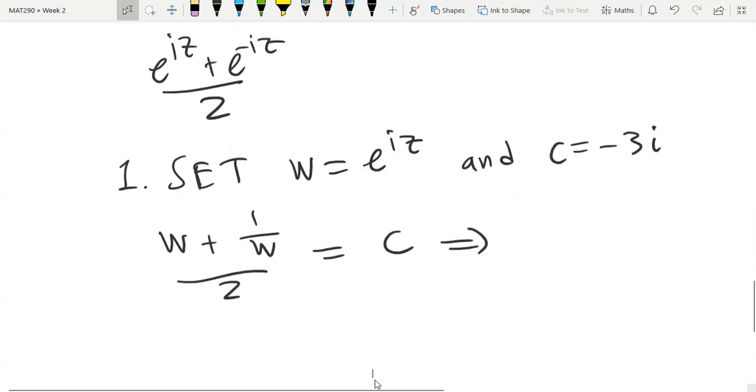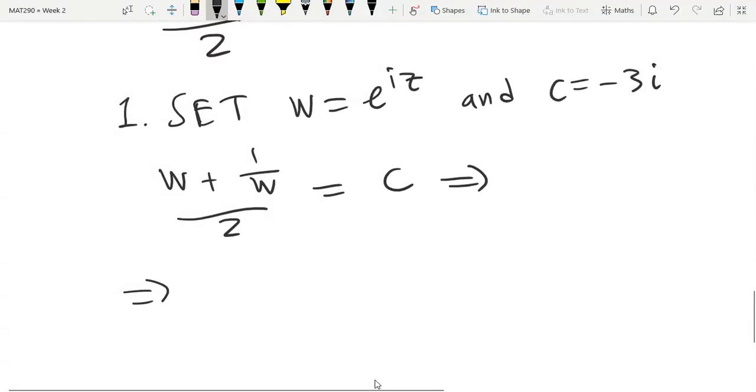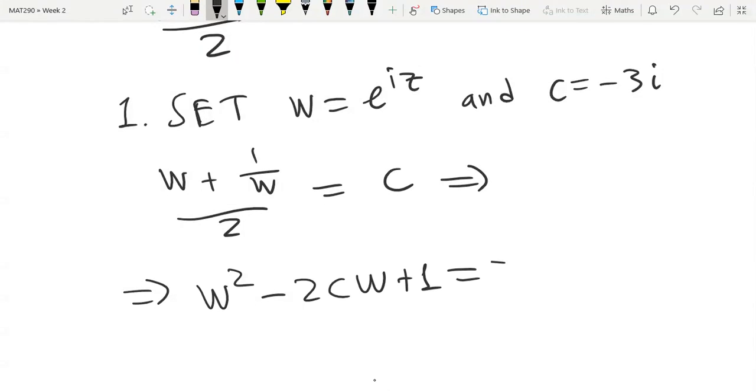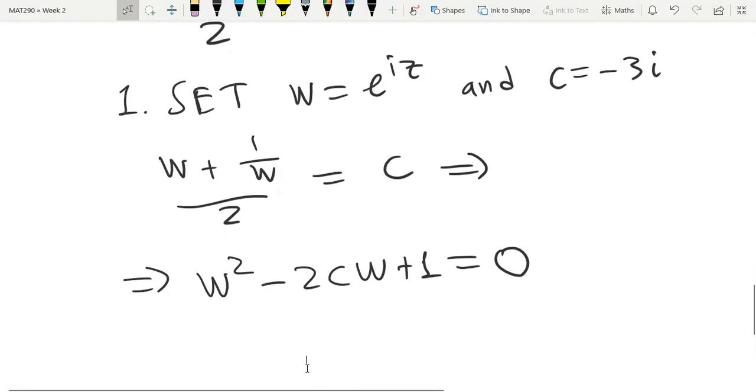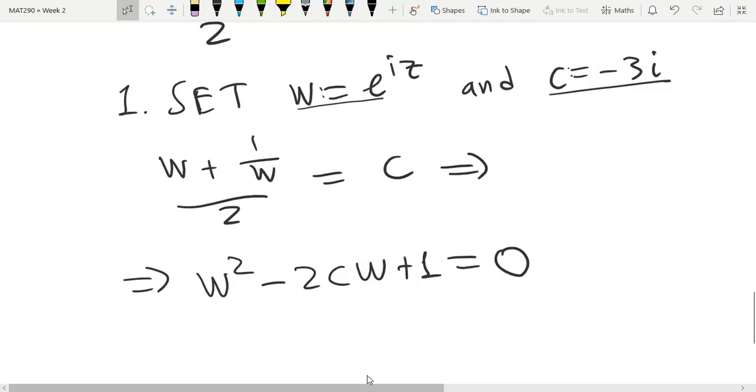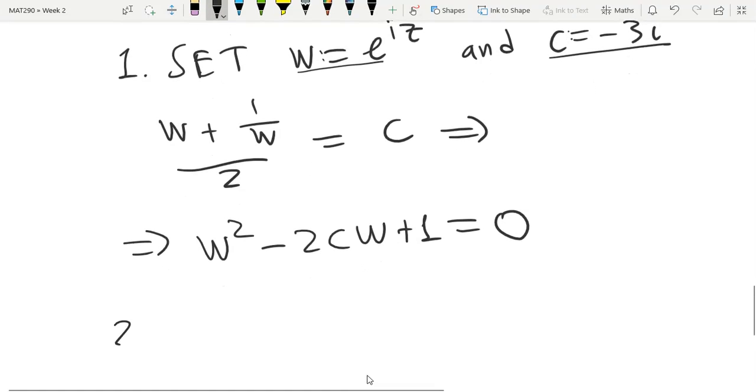Now simplify the expression and you will get w squared minus 2cw plus 1 equal to 0. All right. Okay, so again, we set this to make calculations easier. We do this shorthand notation. You don't have to do it, of course, but it makes it easier. And now solve the quadratic.